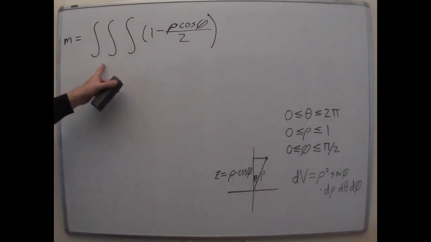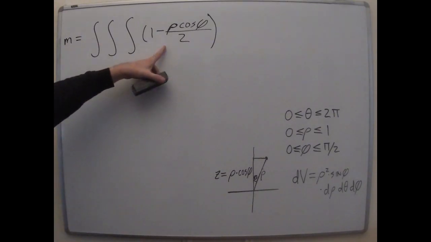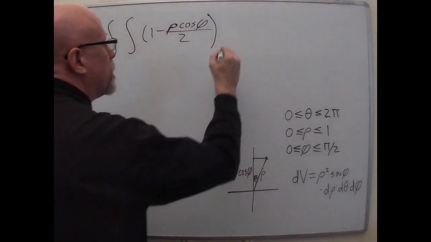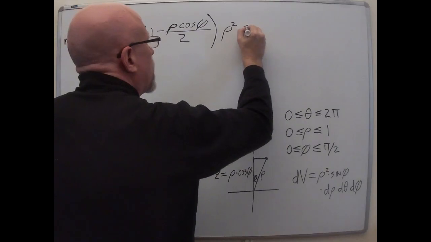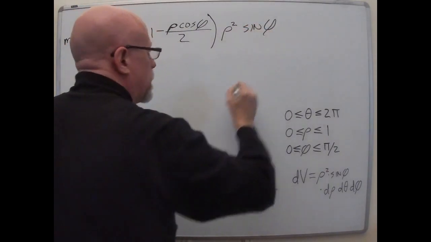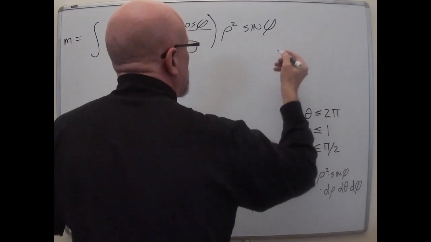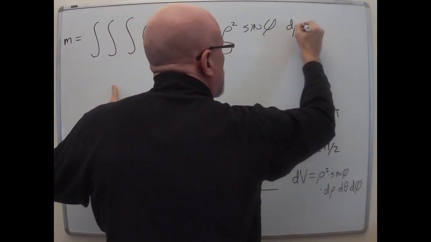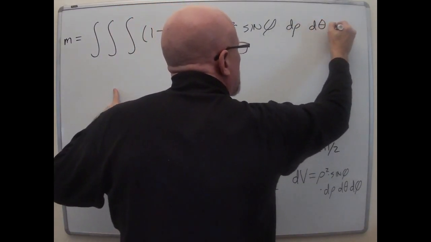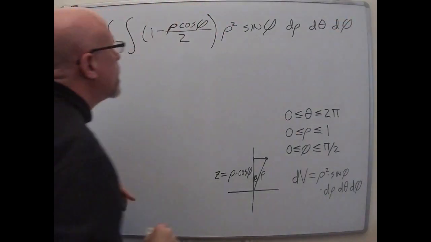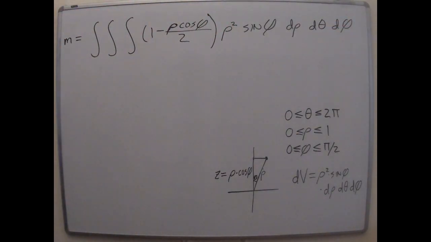So mass is going to be this triple integral of density times differential volume, which is rho squared sine phi d rho, d theta, d phi. I'm not sure if there's any sense in doing it in a different order or not.